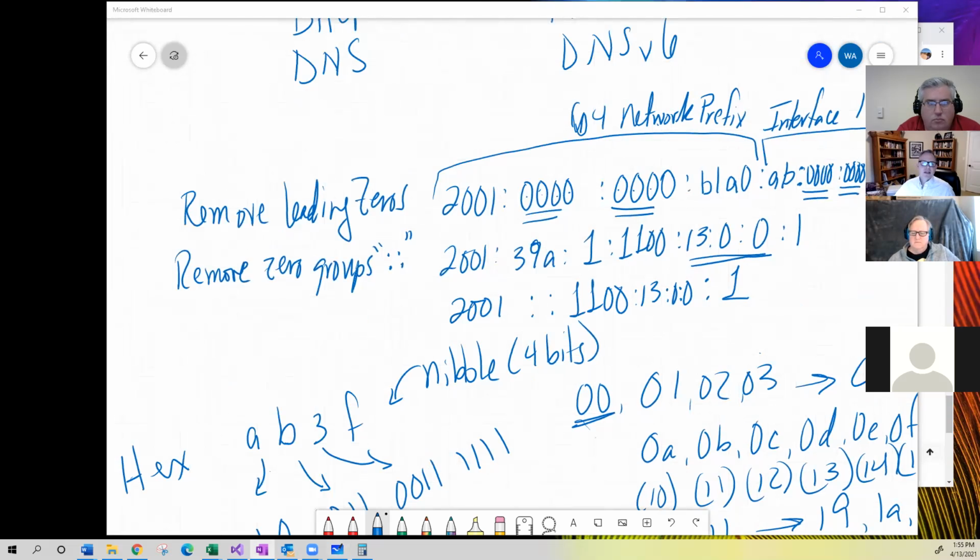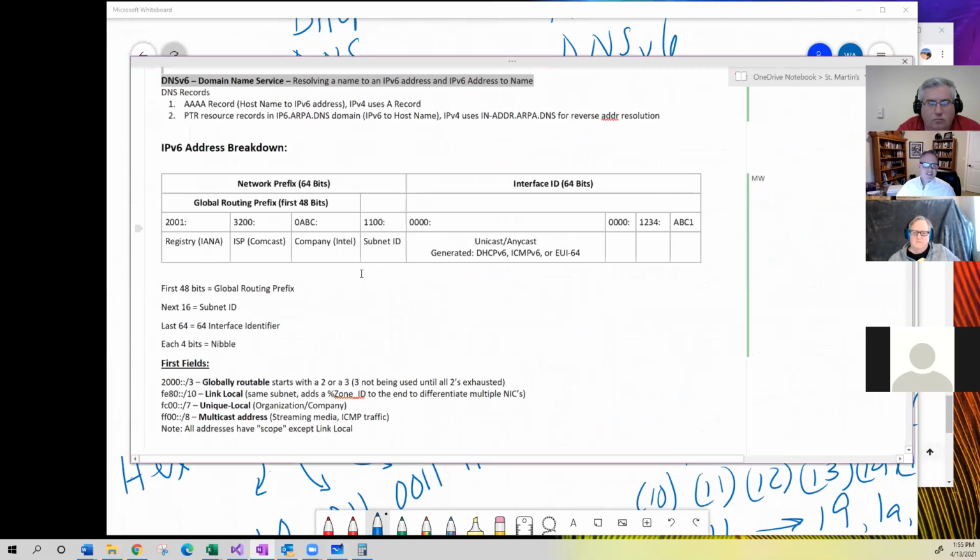Okay, let's look at this subnet ID in the middle here. It's the last double octet of the network prefix, the first 64 bits. It goes from 48 bits to 64 bits. That 16 bits is allocated to the subnet ID. In this case, I used 1100 here.